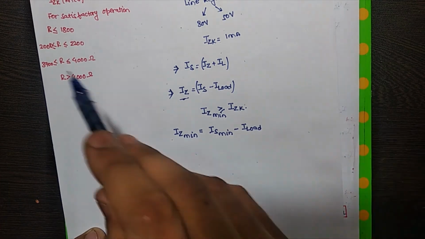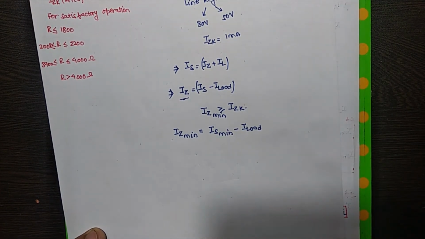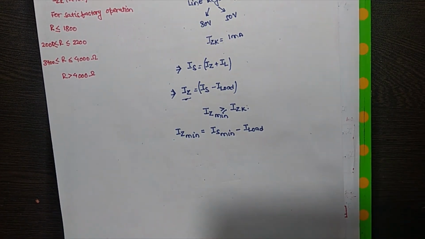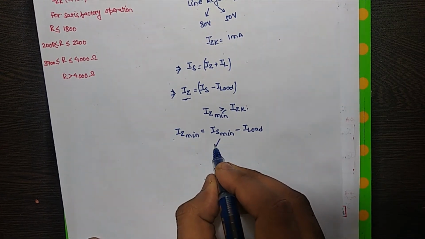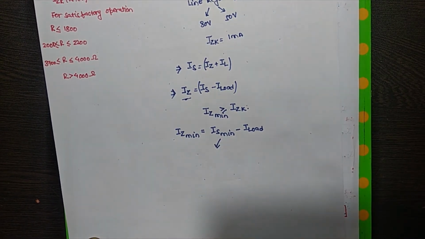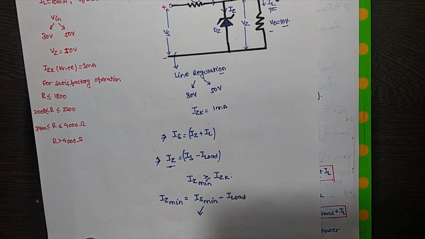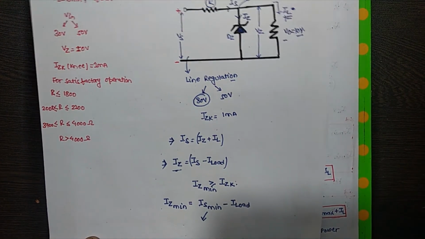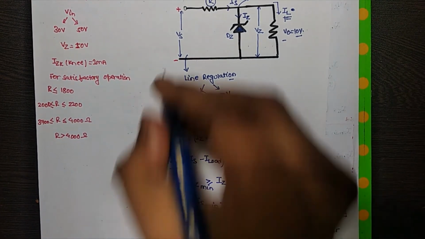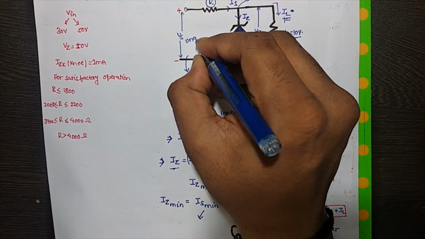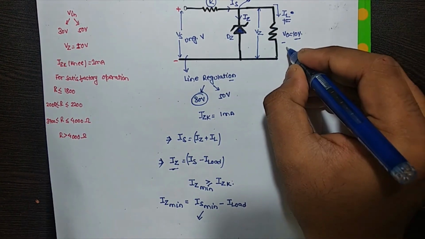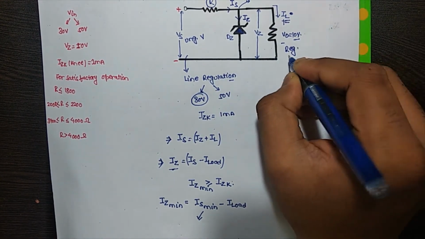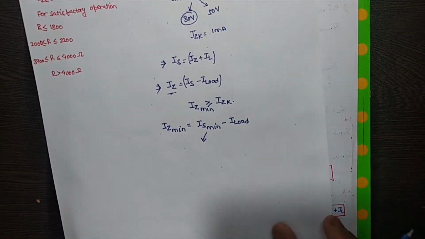But here the load current is constant. Now how can you calculate IS min? For IS min you have to take the minimum voltage supplied, that is the minimum unregulated voltage. This side is the unregulated voltage side, and this side is the regulated voltage side.